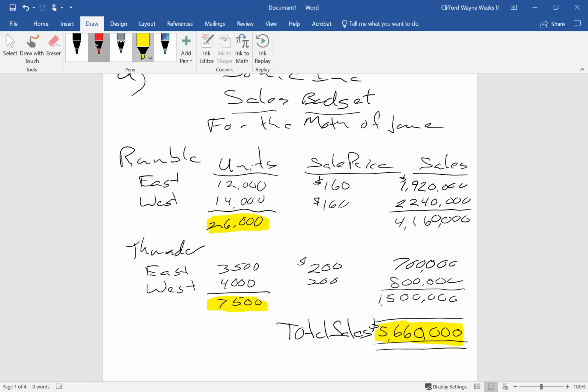These other things are nice to have, and they communicate information, because we can see the sales for the East and the West divisions and whatnot. But the most important numbers are the number of units of Rumble we're going to do, the number of units of Thunder we're going to do, and then the total sales. This one's going off to the budgeted income statement.